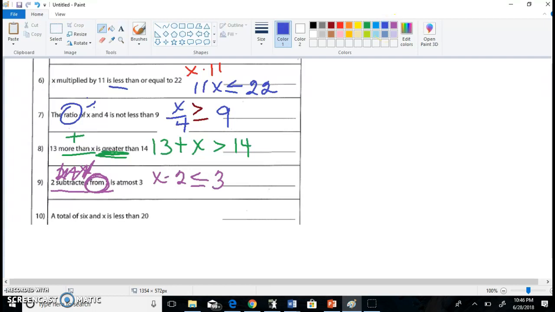And last, a total of 6 and x. What do you think total is? Total is addition in this case. The total of 6 and x is less than 20.